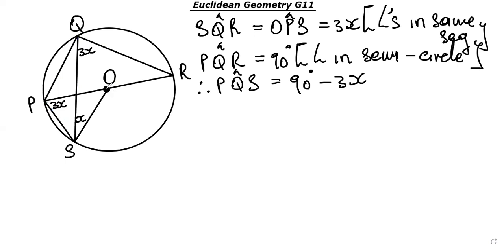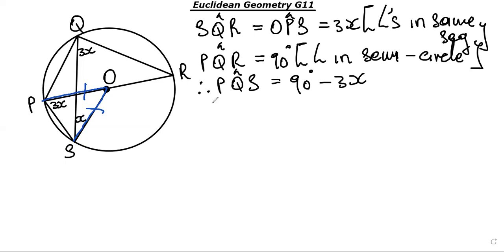So here you observe that OP is the radius of a circle, and OS is also the radius of a circle. So since the radii are equal to each other, it means this is an isosceles triangle. And we know that the angles opposite equal sides, or the base angles, if you like, are equal. So that's where we must begin for this one.